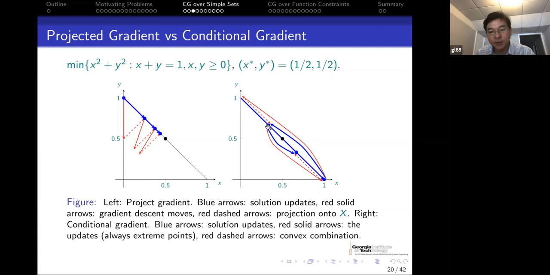At this point, I do a linear optimization that gives me the extreme point 1, 0. Then I take a convex combination between this point and the extreme point 1, 0. As you can see, for conditional gradient, I'm going to swing back and forth around this optimal solution. So conditional gradient is simple.